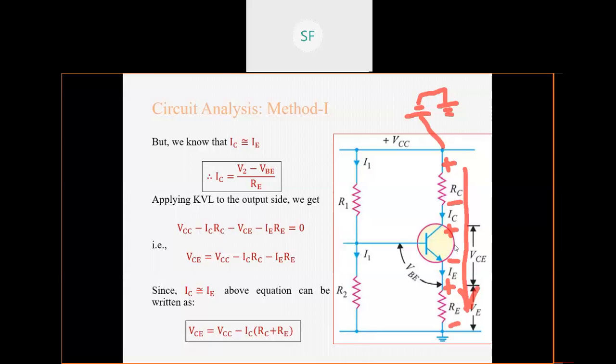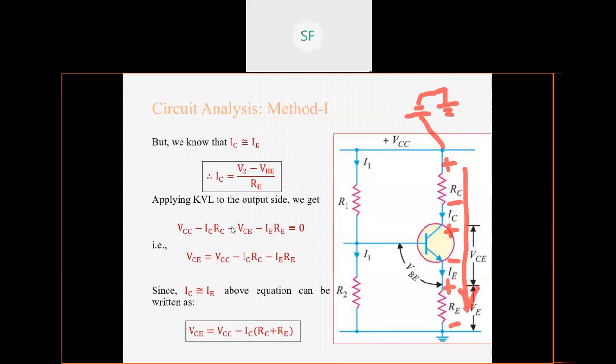Again VC will also be minus because last sign is minus. So again minus ICRC minus VC and minus IERE equal to 0. So this is how we have applied KVL to this particular output side.